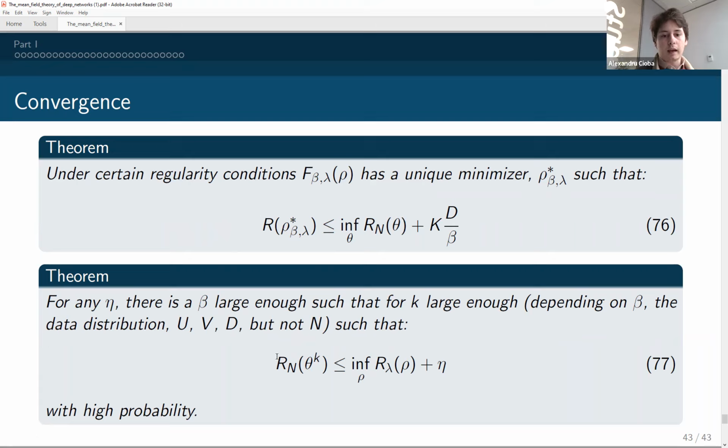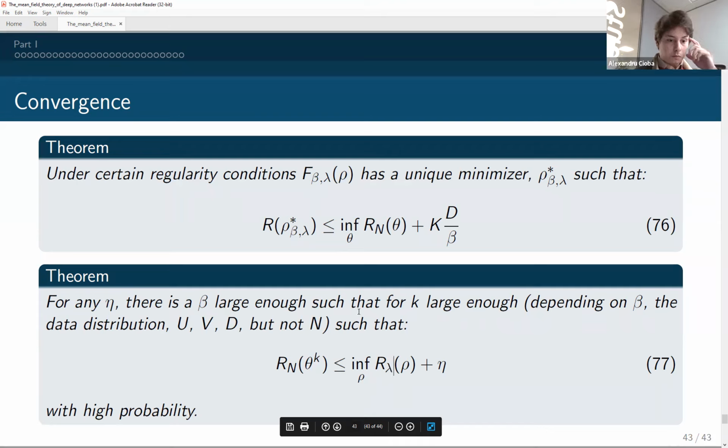Okay, and the reverse result is you also want to bound the empirical risk, or the risk of the finite neural network, by the infimum over all possible distributions of the distributional risk.